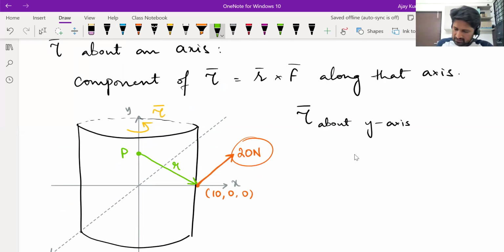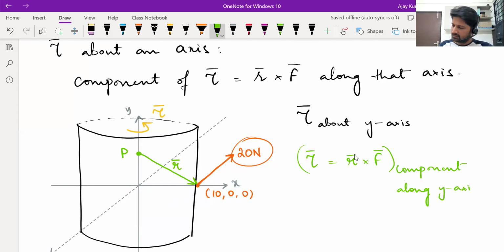We'll call this R vector, and you have the F vector already. Then calculate tau equal to R cross F, and then take its component along the y-axis, because you want torque about the y-axis, no? Let us do this.